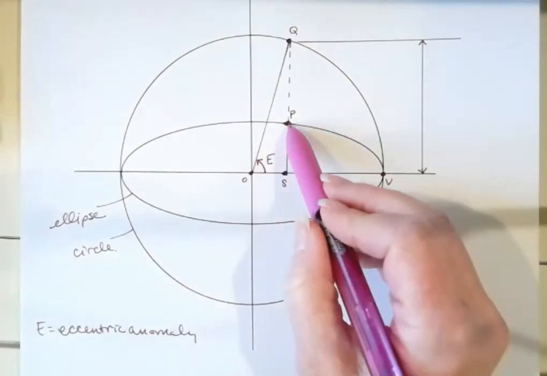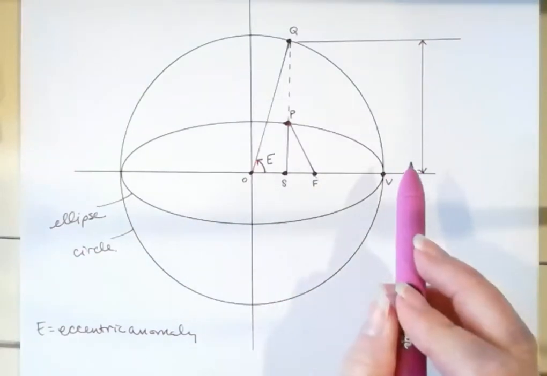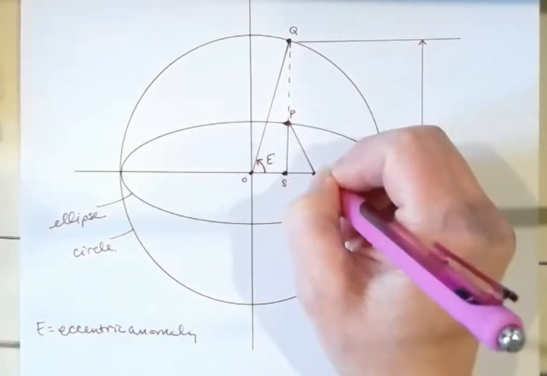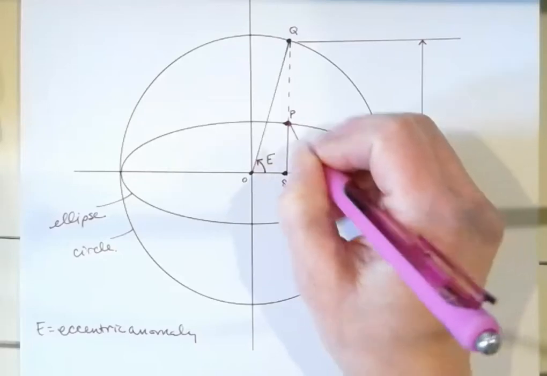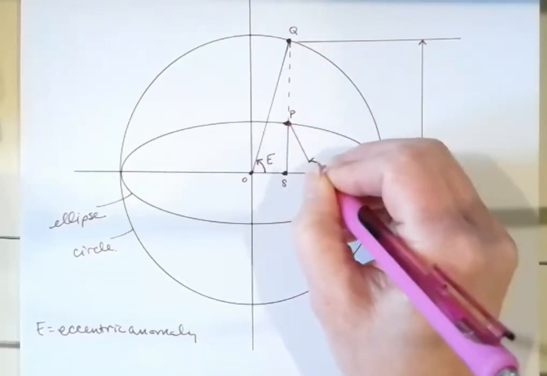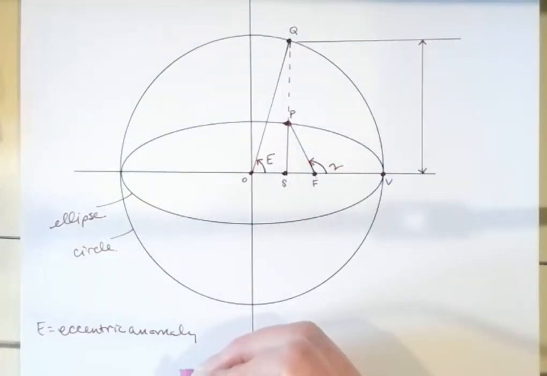And then this point P would be the object that's orbiting on the elliptical path. Okay, so since this line right here is basically the distance between those two bodies, we've got our angle nu, so the true anomaly, that looks like that. Okay, so we've seen that one before.